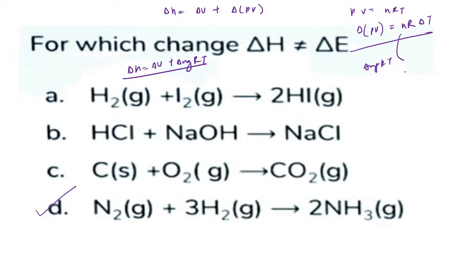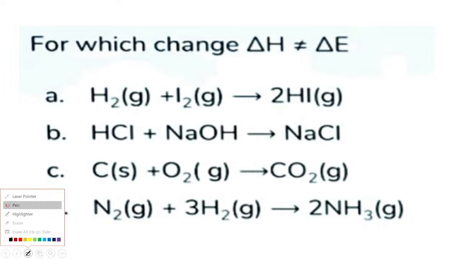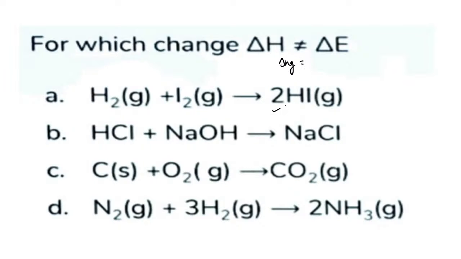At constant temperature, this formula will be delta ng RT, and at constant number of moles, this formula will be nR delta T. So using this equation, we just have to find the correct change in number of moles. Now if I want to calculate delta ng, over here it is 2 minus 2, that is 0. Over here it is 1 minus 1, that is 0. In this case there is no gaseous species, so delta ng is 0.